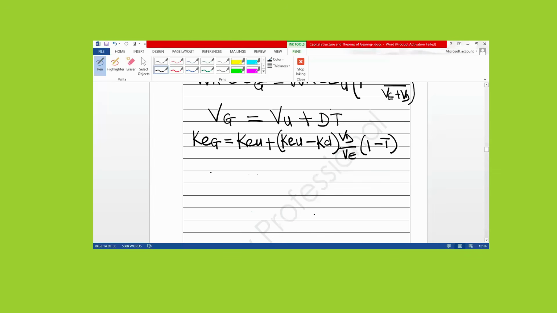Now, the first requirement. Requirement A1. Market value of the company. We are going to use formula 2. Value of geared is equal to value of ungeared plus DT.